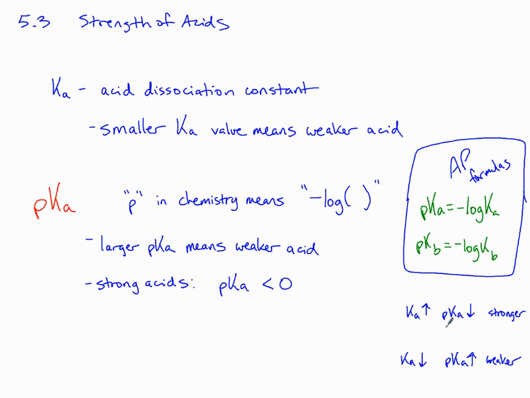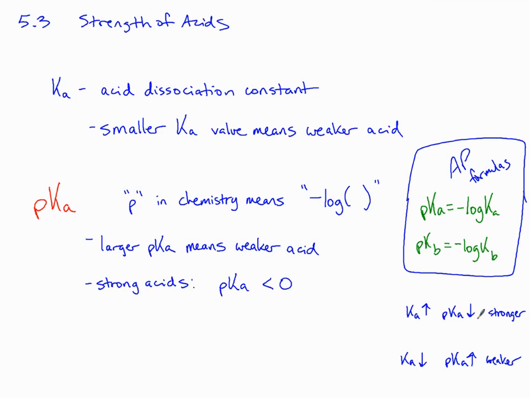Because remember, with the negative log of something, you're looking at the actual exponent of something. So something with an exponent or scientific notation, something like 10 to the negative first, is actually pretty strong. It has a very large Ka relatively, and its pKa is 1.